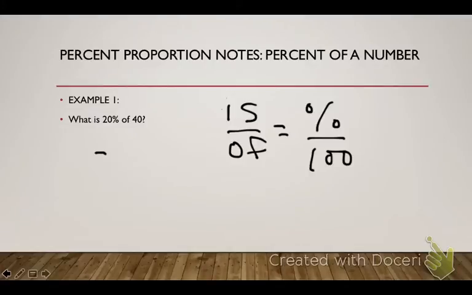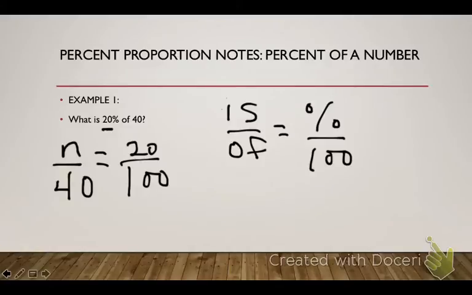My percent, I know it's always out of 100, is right here: 20. Of 40 means I'm going to put the 40 here. I do not know what that number is yet, so I'm going to make it n.